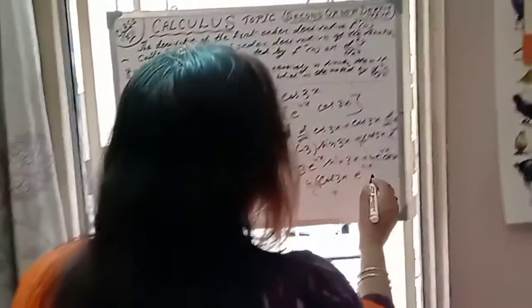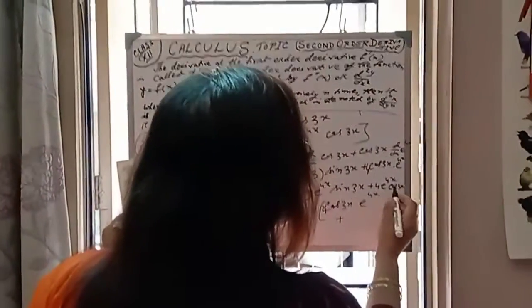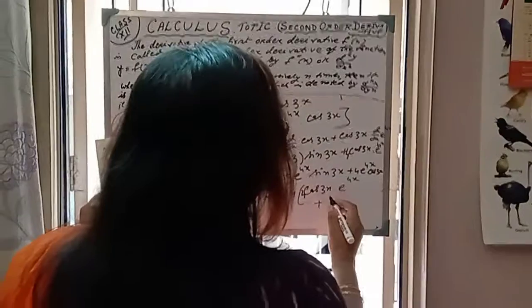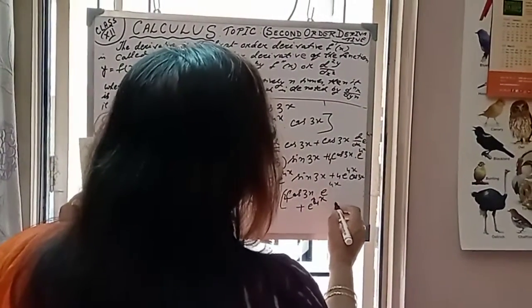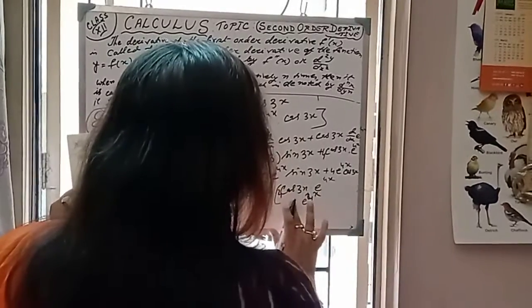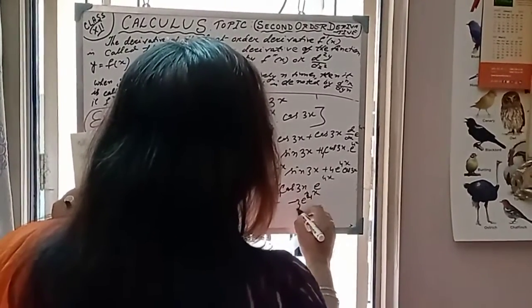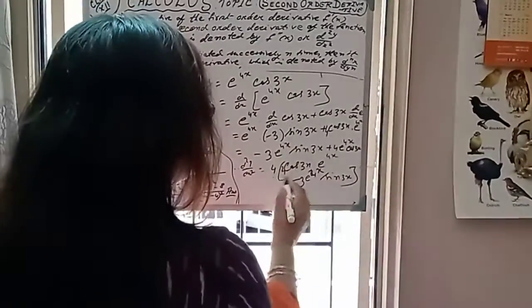Plus, already the e to the power 4x derivative part is done, so the remaining part is d/dx of cos 3x. e to the power 4x will remain the same, and d/dx of cos 3x means minus 3 sin 3x. Similarly we have to find the derivative of this part.